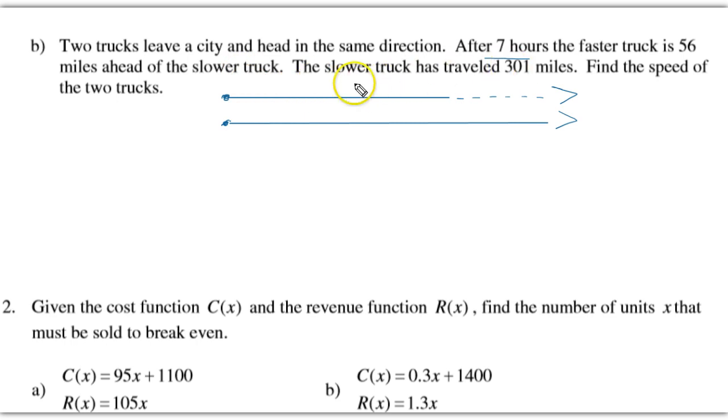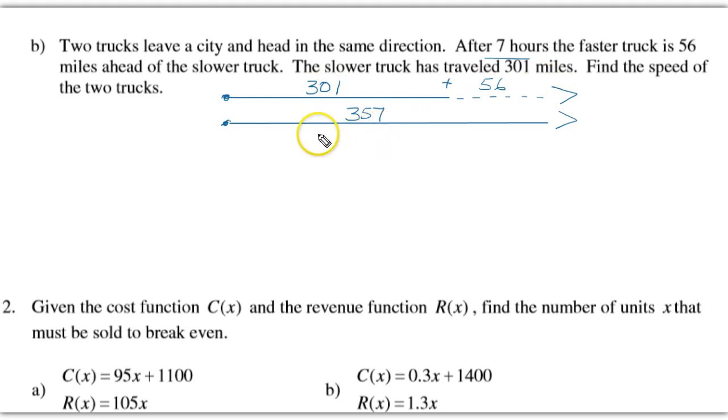So the slower truck is this many miles, 301, and we have to, in a sense, add this distance here that the faster truck is, which is 56, and the faster truck then is just going to be 357 if we add this and this.